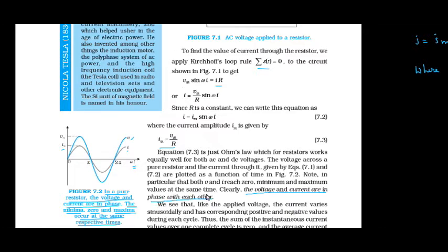Let us move forward. So we see that the applied voltage and current vary sinusoidally with corresponding positive and negative values during each cycle. Thus, the sum of instantaneous current value over a complete cycle is 0 and the average current is also 0.